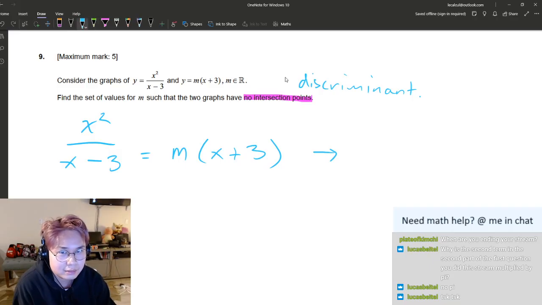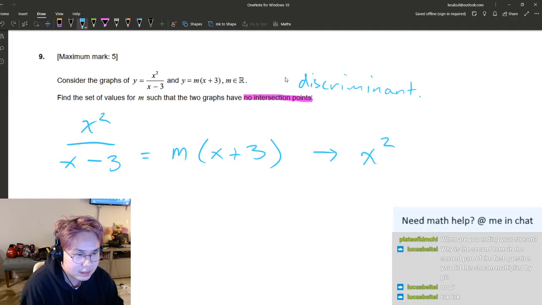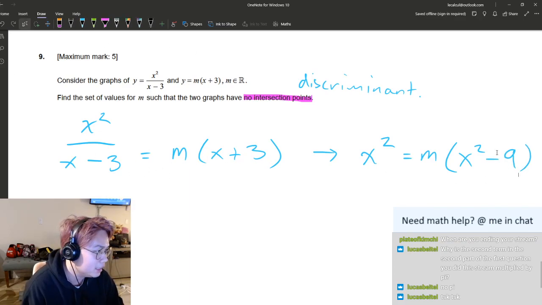Multiply this over here. So I'll get x squared is equal to m x squared minus 9. There's a difference of squares, so we can just multiply that easily.